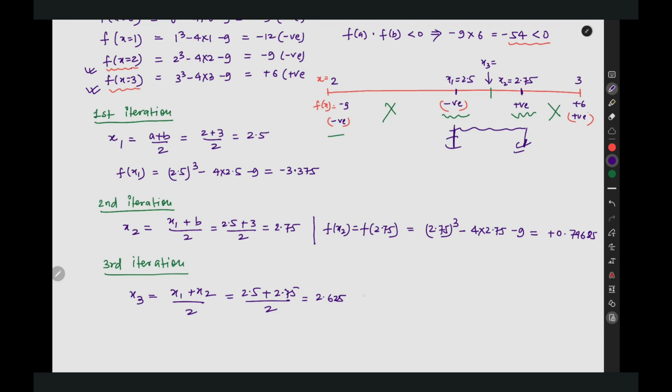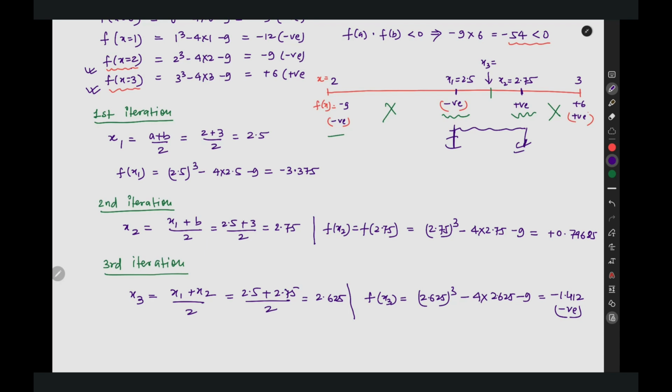Now we will check the value of the function f of x3. It will be 2.625 cube minus 4 into 2.625 minus 9. Now we will get minus 1.412, which is a negative value here.